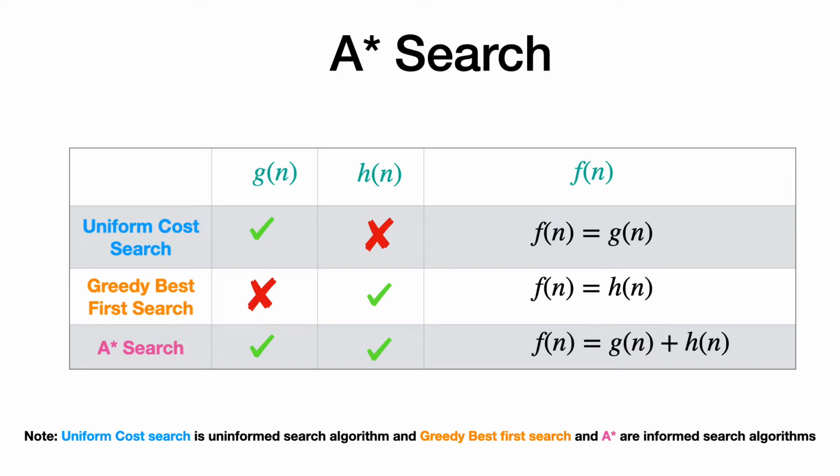So this is how it differs, but the important thing to note is uniform cost search is an uninformed search algorithm where we did not have any estimate or heuristic function or any domain specific knowledge, whereas greedy best first search and A-star use domain specific knowledge, and that's why we have a heuristic function h of n.